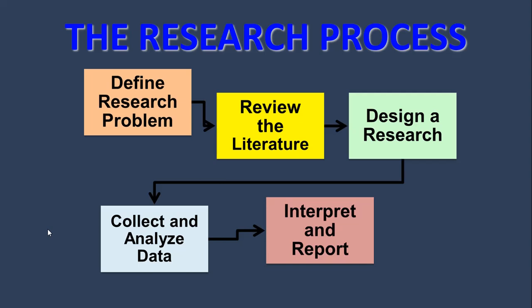Some examples of research collection: you have to go to some of the libraries, which may comprise electronic media or print materials, undertaking activities such as observation, surveys, focus group discussion, and the use of tests and experiments.